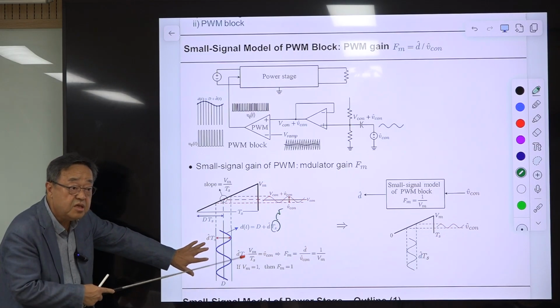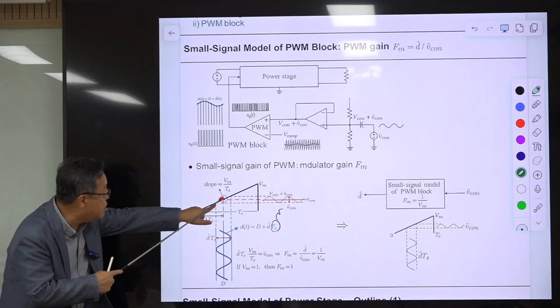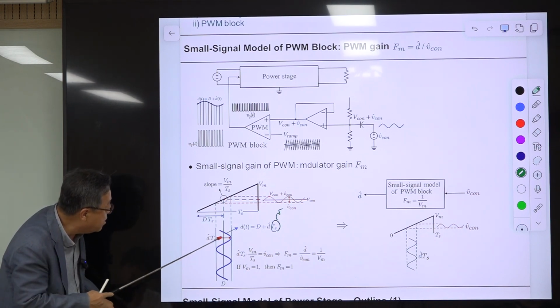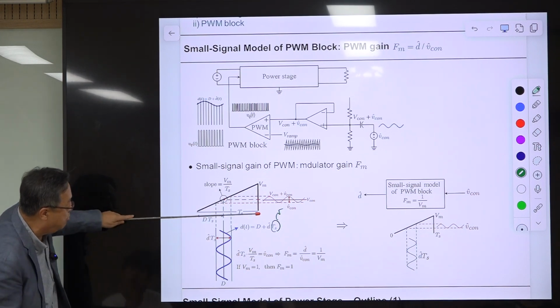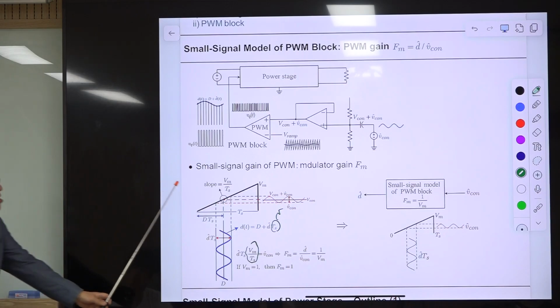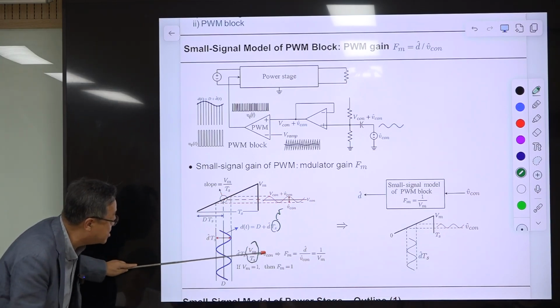Then this variation in the time axis times the slope of the ramp generates this AC signal.